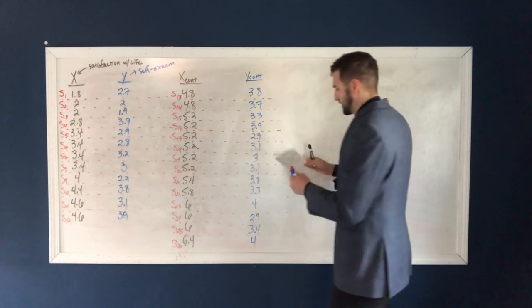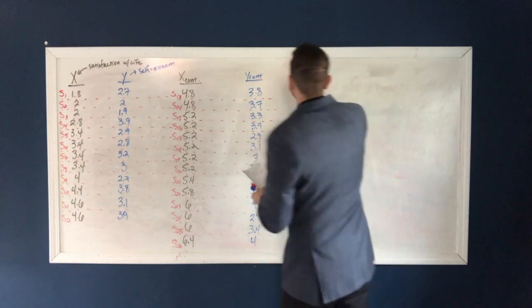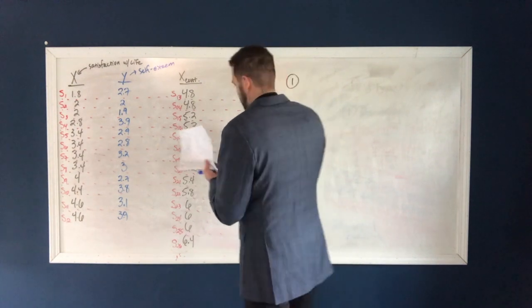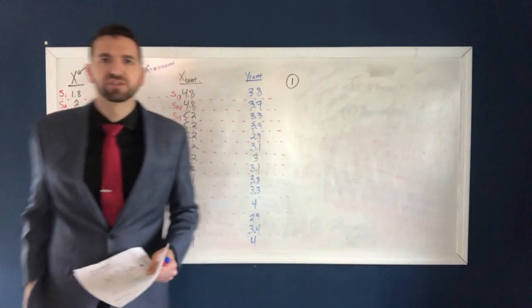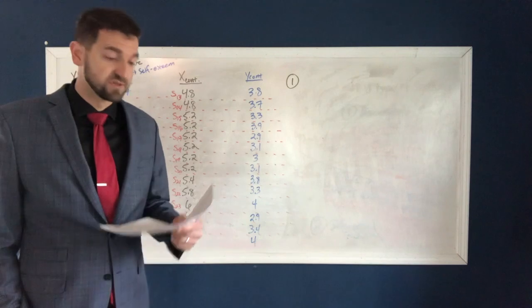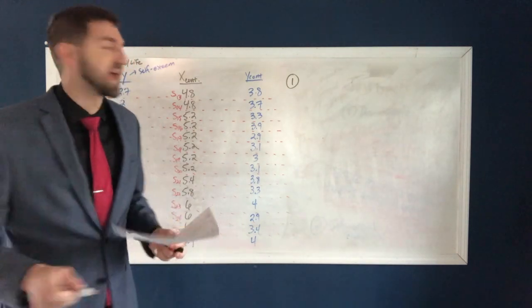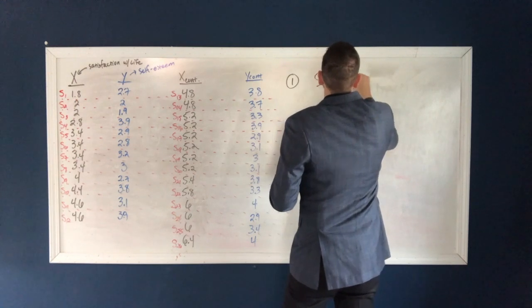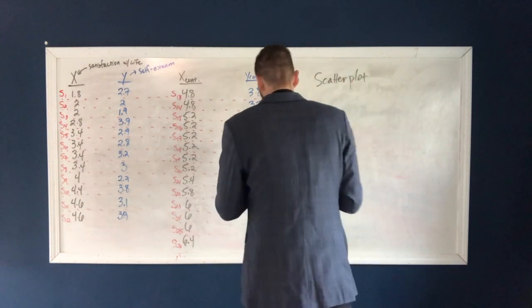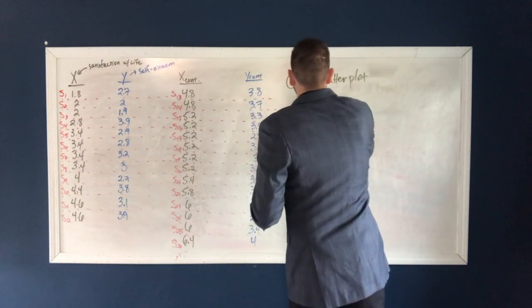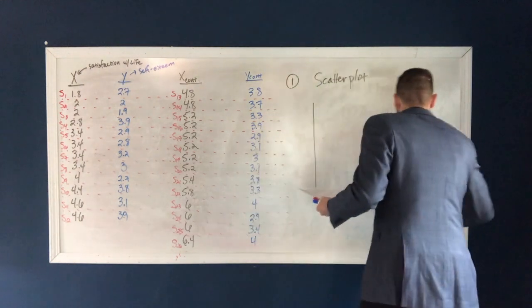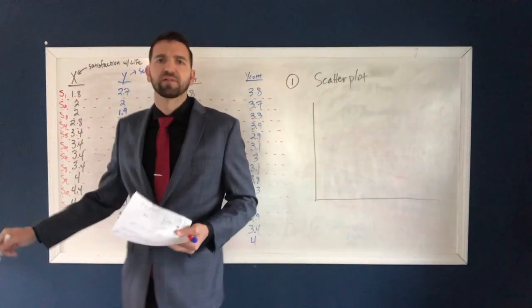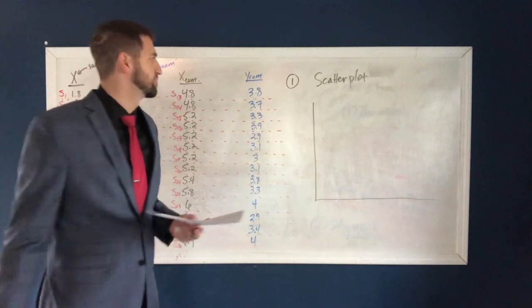Okay. So the first thing we want to do when we're dealing with finding the relationship between two variables is we want to create something called a scatter plot. And you've all probably heard of this before. So to make a scatter plot, you draw a simple XY plane.